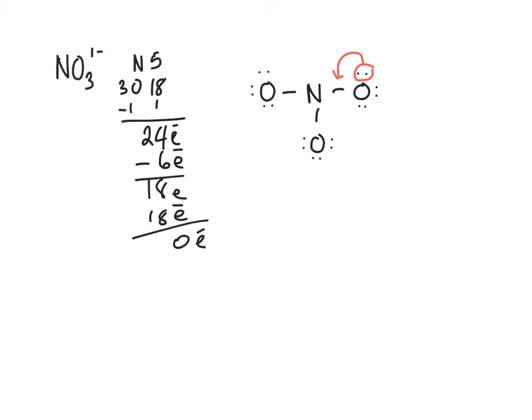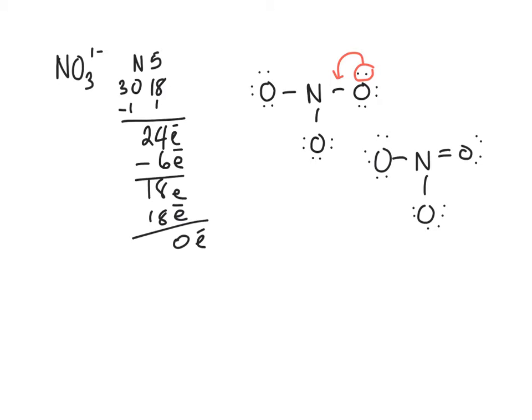So we have to redraw our Lewis structure because now we have a double bond. So 2, 4, 6, these didn't change, and now we only have 2 lone pairs.